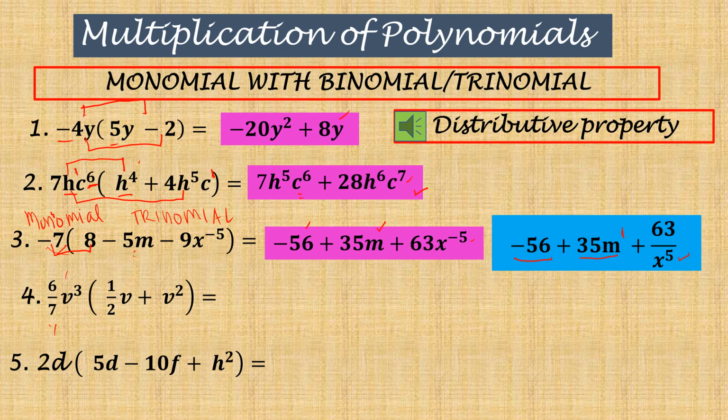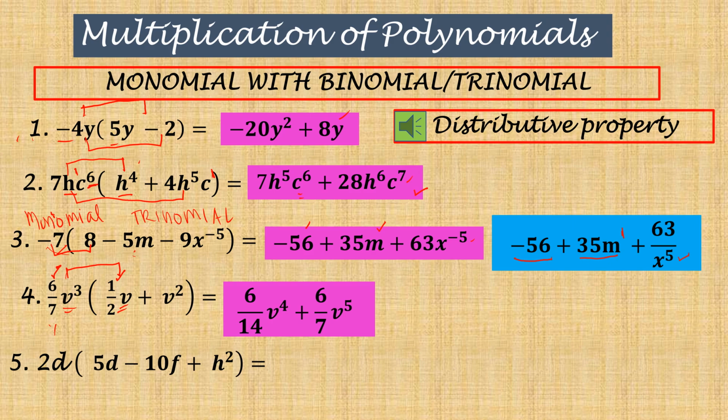So 6 over 7 is our constant, and a 1/2 as our constant. So therefore, we just simply multiply 6 times 1 and 7 times 2. So it gives you a 6 over 14. Then the v cube times the v, because we still distribute to each term inside the grouping symbol.